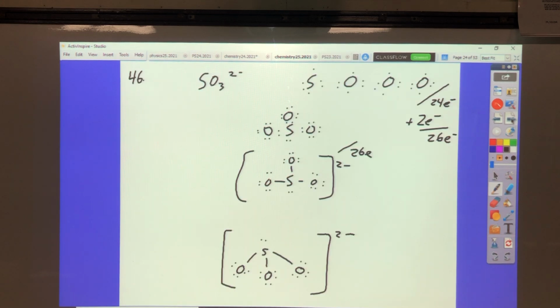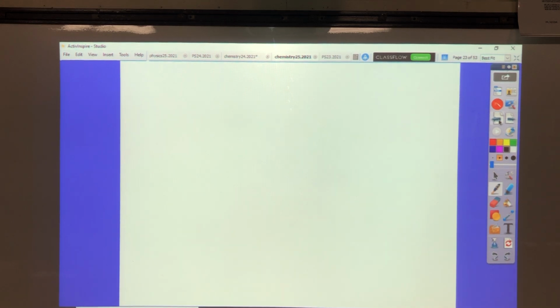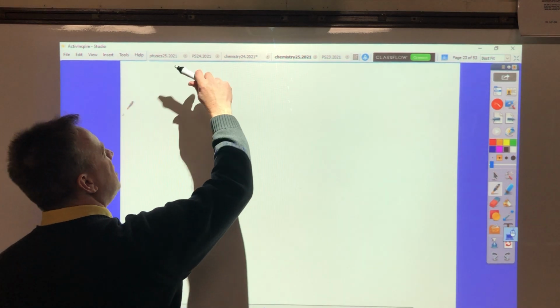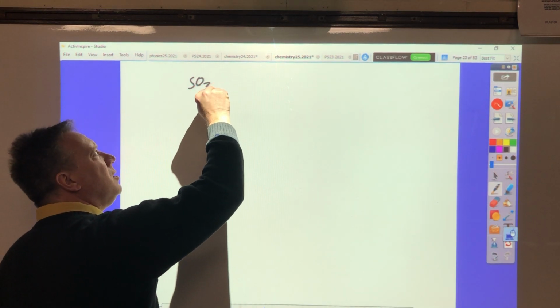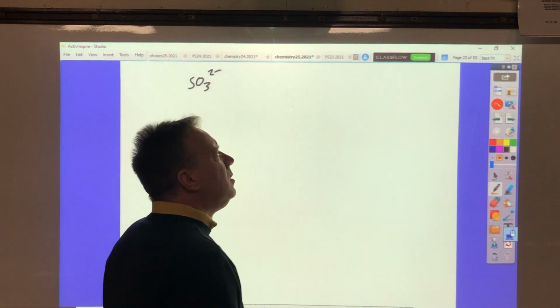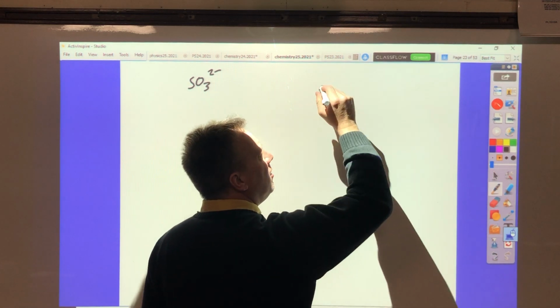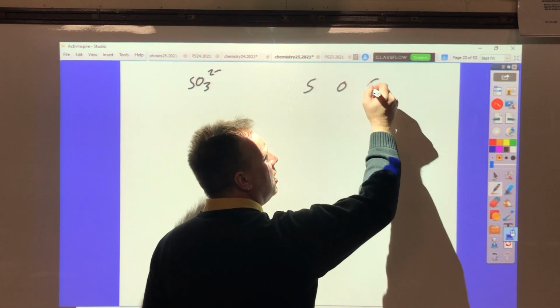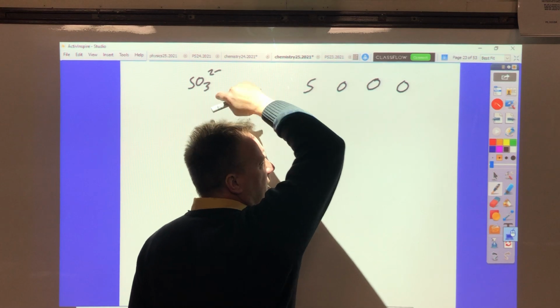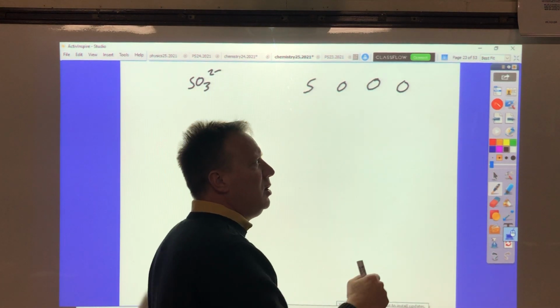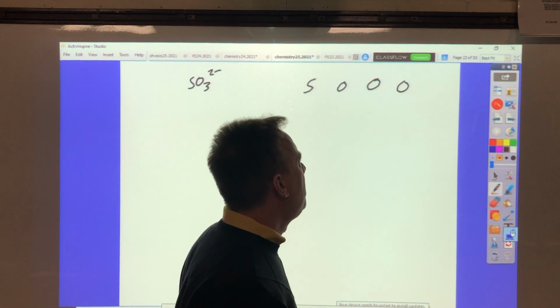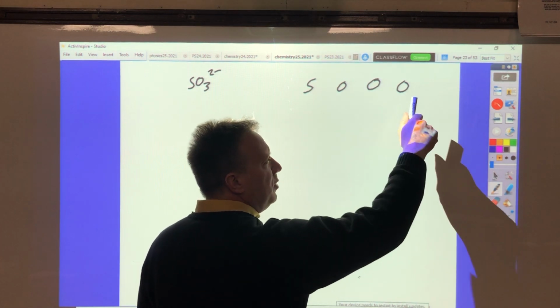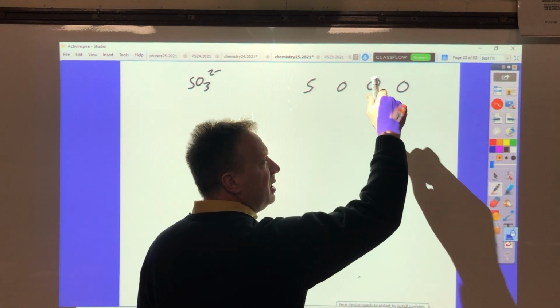Okay. The next one, sulfite ion, SO3 2-. Okay, so I have a sulfur and an oxygen and an oxygen and an oxygen, SO3. Now I've got a 2-, I got a charge, so I got to change the charge over here. They're both in the 6 family.